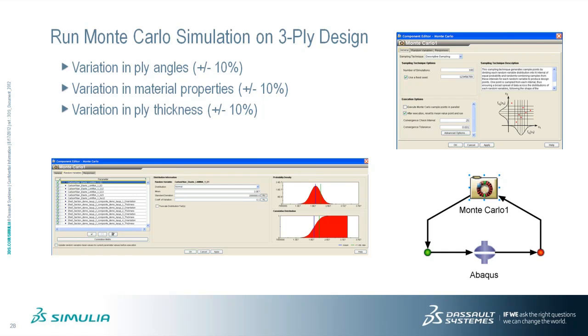So we're going to introduce these variabilities, plus or minus 10% on ply angle, plus or minus 10% on material properties, and plus or minus 10% on the ply thickness. And we're doing this through a Monte Carlo simulation. For each of these variations, we can introduce the distribution. In this case, we're just taking a normal distribution of those factors.